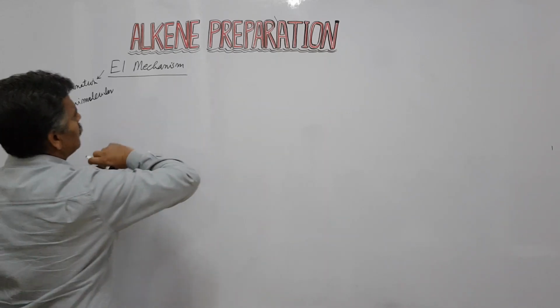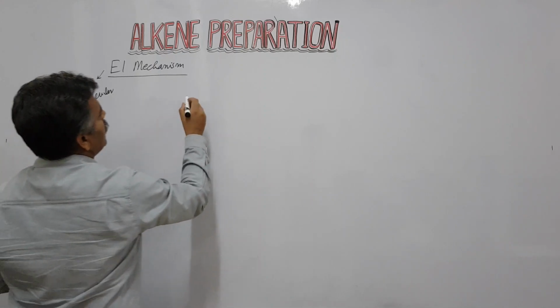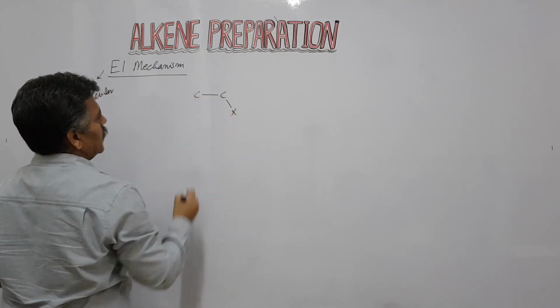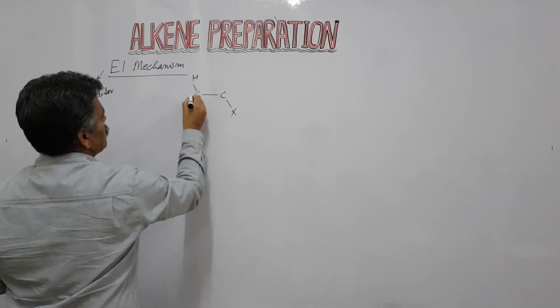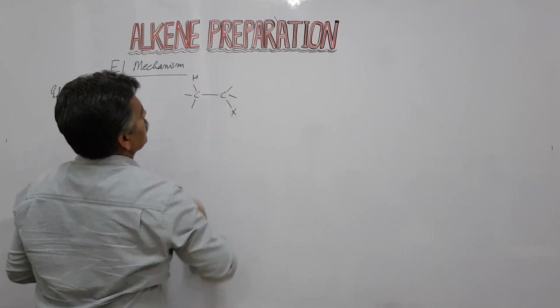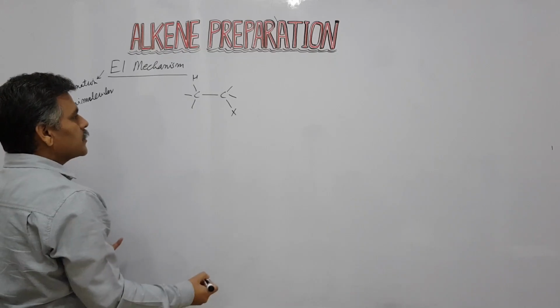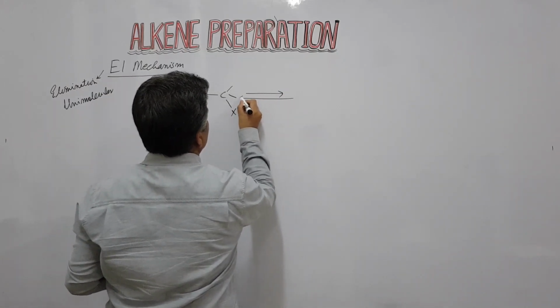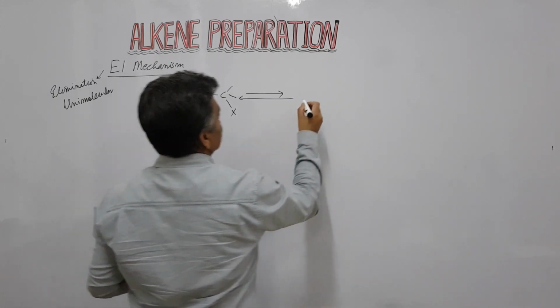So if you write this reaction, we have carbon, carbon and X. This is halogen. This is H. It is a two-step process. First is the formation of a carbocation, and this step is reversible.